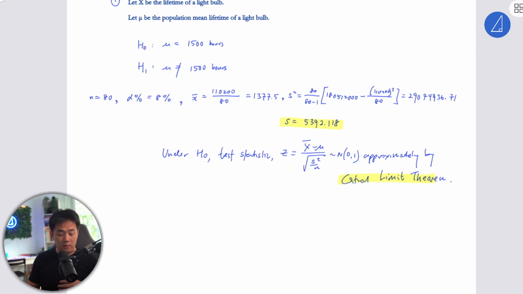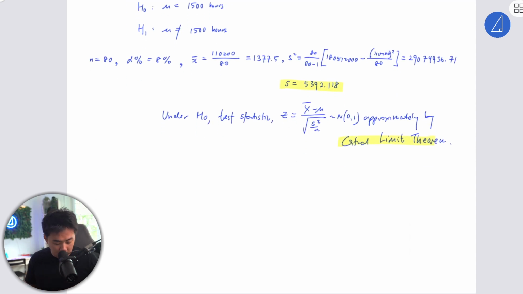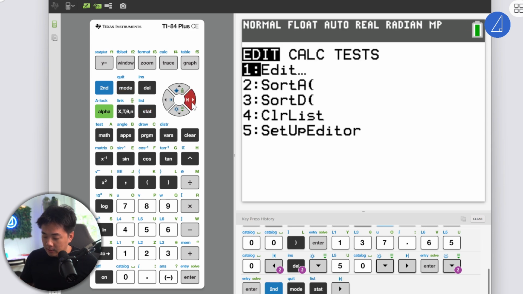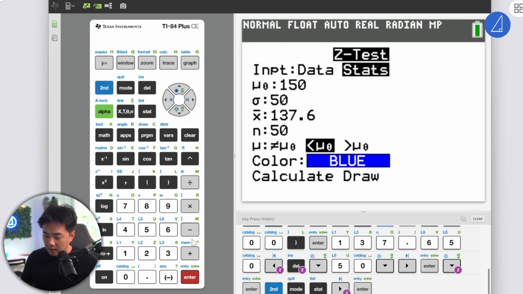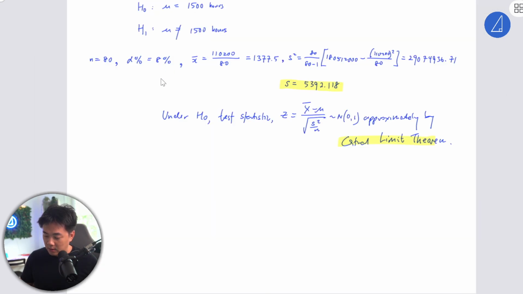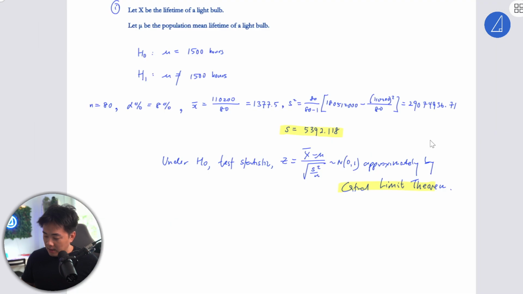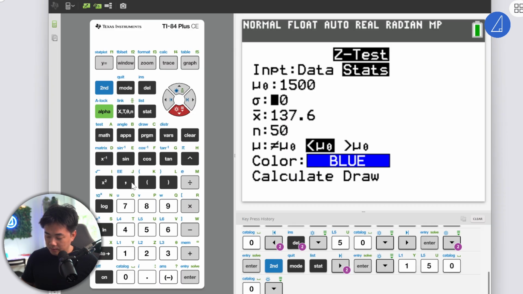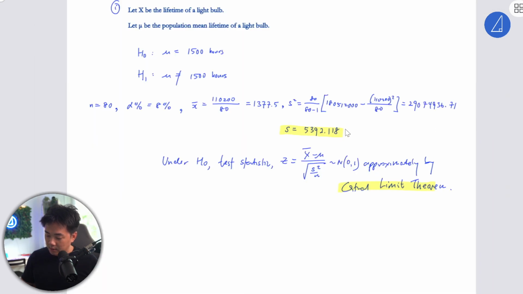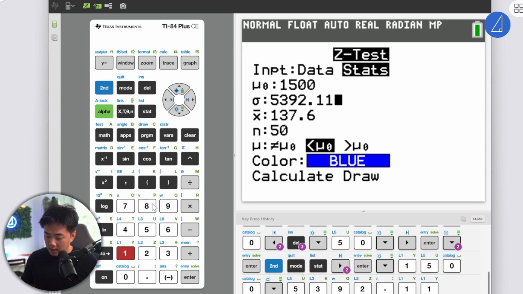Then what we need to do is just find the p-value, then find the range of alpha. In this case, go to test, z-test, and put in mu naught, which is 1,500. Sigma will be the root of this, so 0.118.